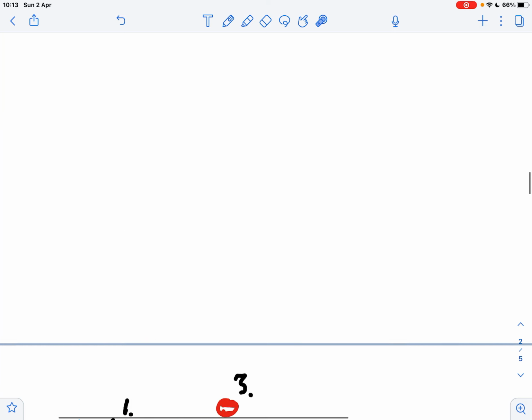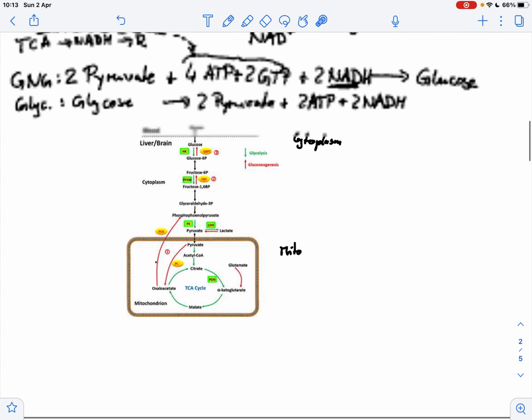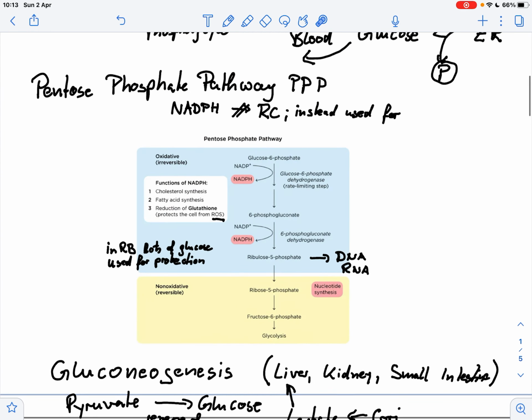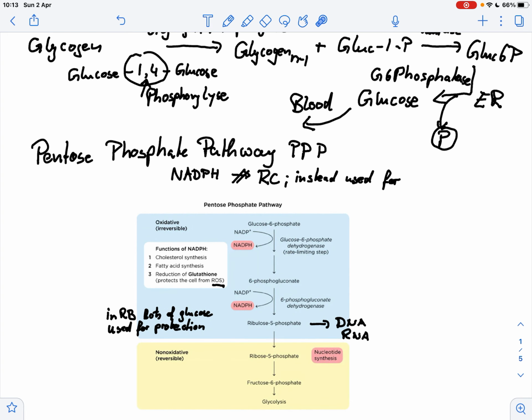But we've already discussed that up here, where we said that the glucose 6-phosphate in the liver is transported into the endoplasmic reticulum through these glucose 6-phosphate translocases, and where the phosphate is chopped off in the liver by glucose 6-phosphatase, and then the glucose is transported into the bloodstream through some glucose transporters out there.